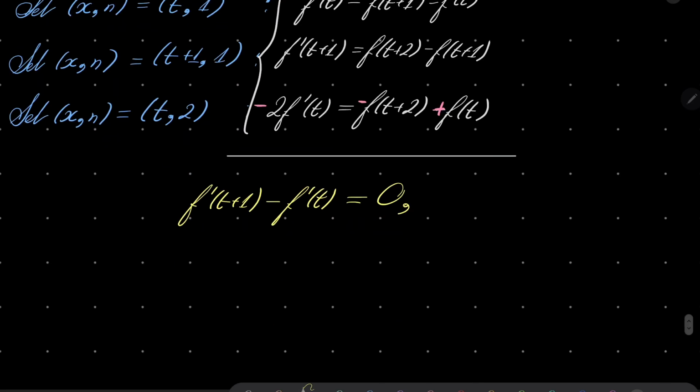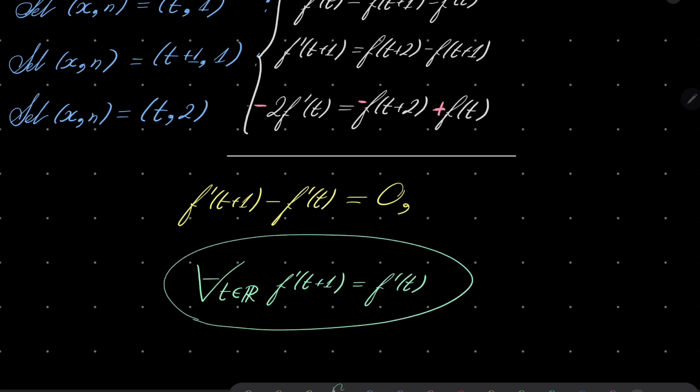So we have derived this formula: for every real number t, f prime of t plus 1 equals f prime of t. So our derivative is periodic, of period 1.